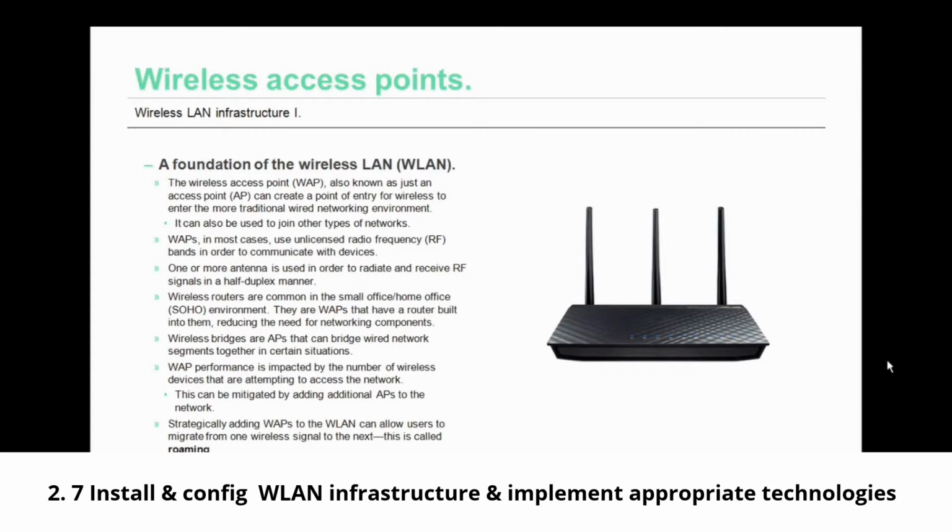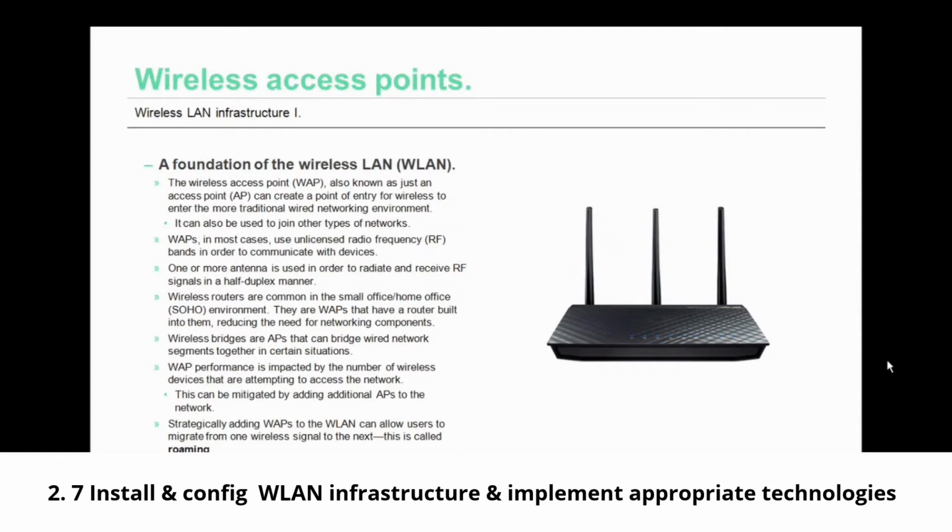The AP can also be used to join other types of networks. Wireless access points in most cases use unlicensed radio frequency bands in order to communicate with devices. One or more antennas are used in order to radiate and receive radio frequency signals in a half-duplex manner.